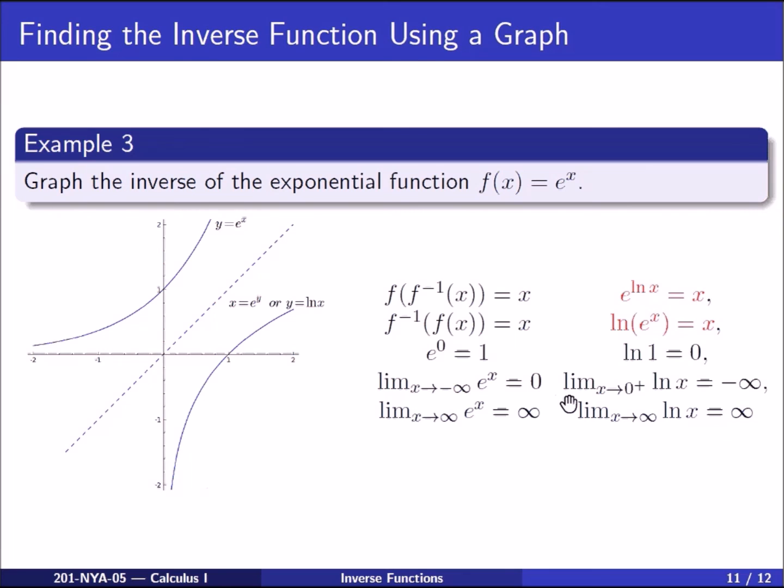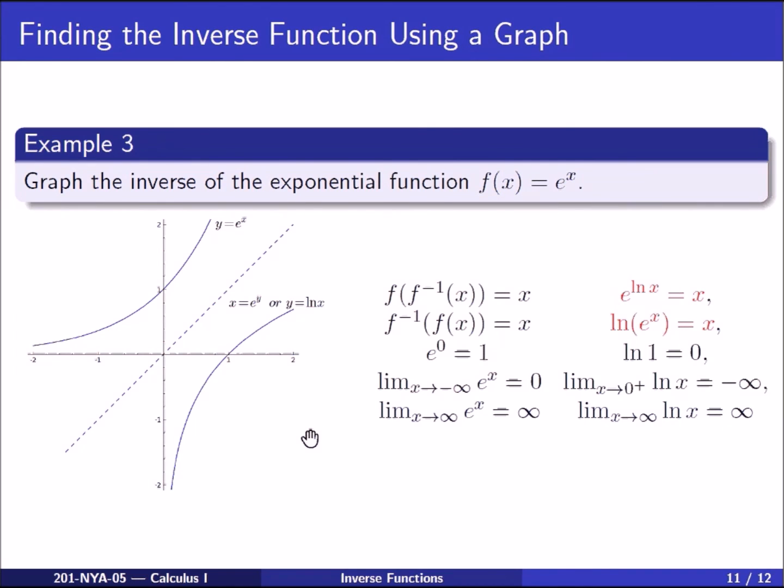And in other words, we have that the limit as x approaches 0 plus of ln of x equals minus infinity. And similarly, if I take this part of the curve here and reflect it across the line y equals x, I'm getting this part of the curve here on the curve y equals ln of x. And that means that the limit as x goes to infinity of e to the x equals infinity, because as x becomes large and positive, the y values are getting also large and positive. And therefore, over here, it means that when x goes to infinity, ln of x also goes to infinity.